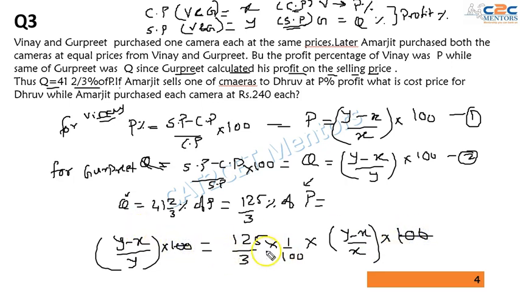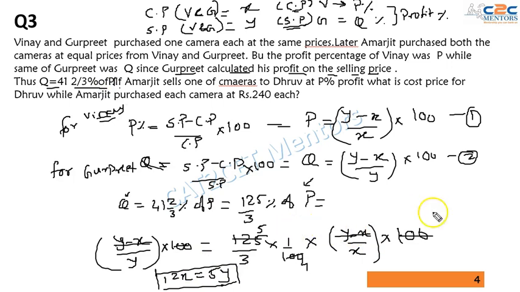After doing the calculations, Y minus X gets cancelled using the table of 25, and what I am left with is 12X equal to 5Y. So this is the relation which we get from the initial piece of information that we have read till now.